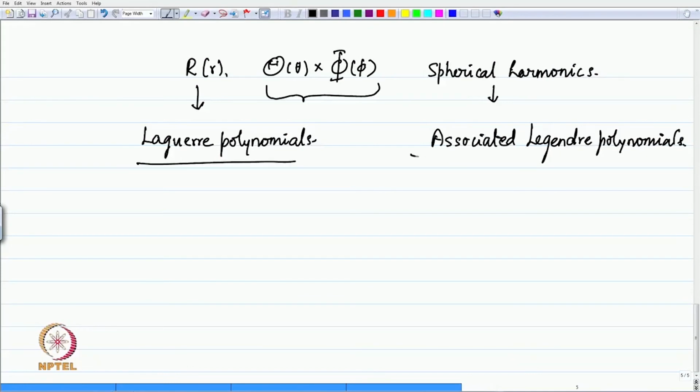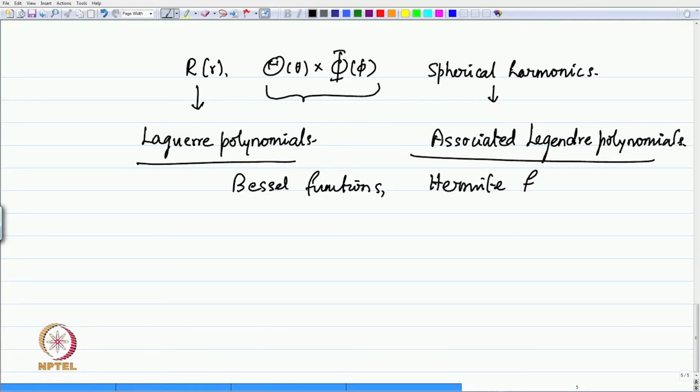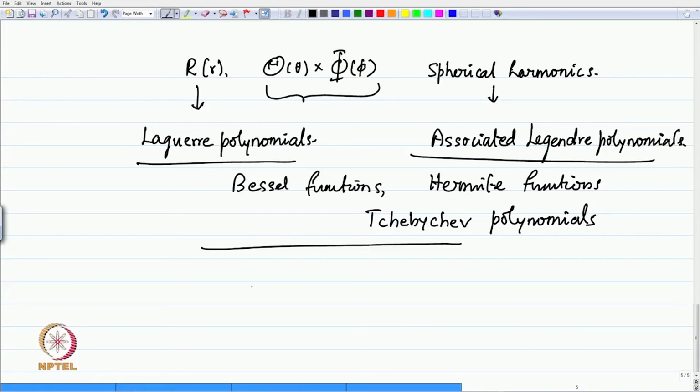All these things, Laguerre, associated Legendre polynomial, Bessel functions, Hermite functions, which we will see in the solution of the harmonic oscillator, Hermite polynomials, then Chebyshev polynomials, there are many ways by which Chebyshev is written, and so on. They all form a group of polynomials well known in mathematics as orthogonal polynomials.